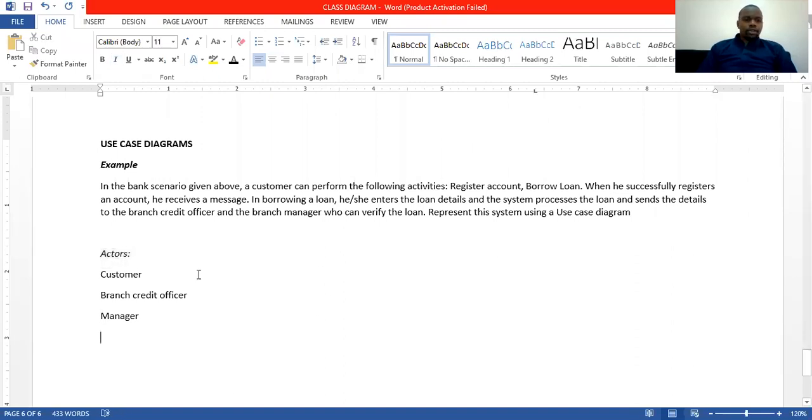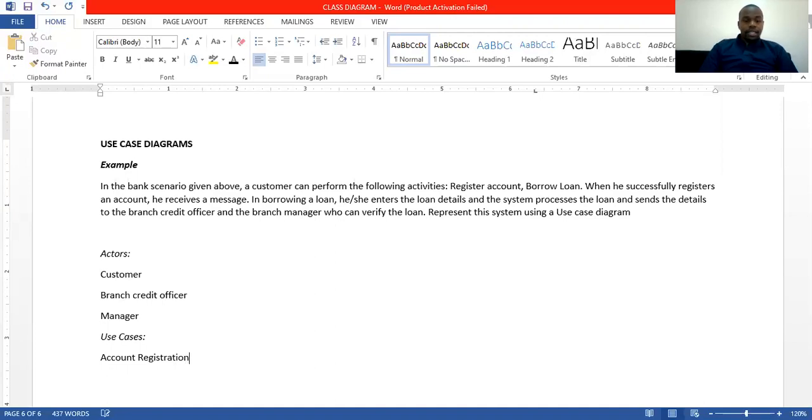And then which are the use cases? The use cases are account registration. Use cases are basically subsystems within a system that perform a particular function.